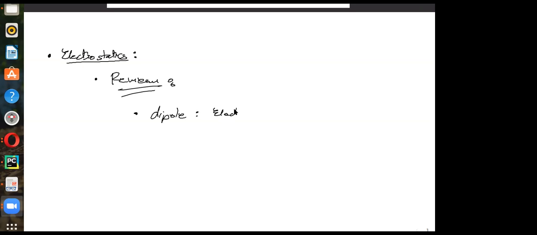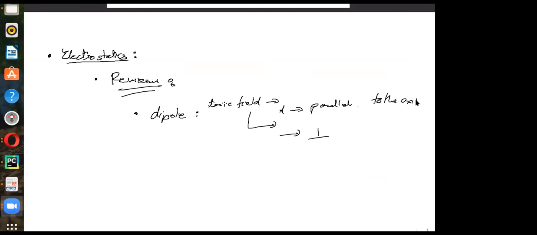When it is parallel, it is equal to 2k p vector upon r cubed. And if it's perpendicular, then it will be half of the parallel electric field of the dipole.